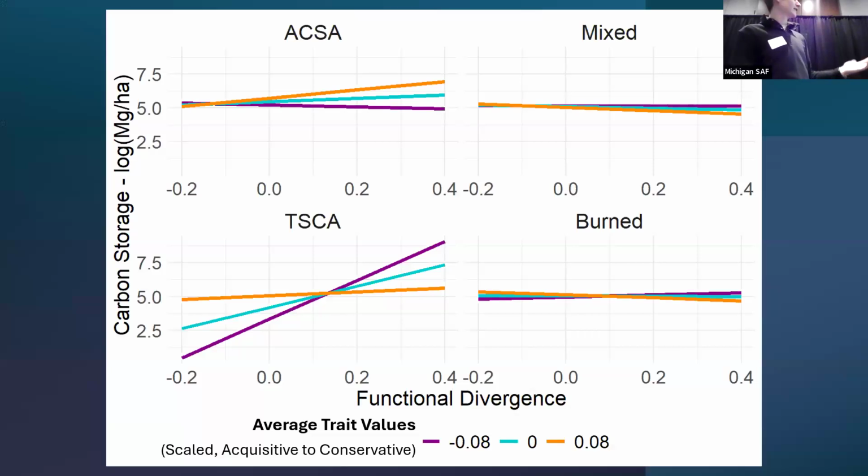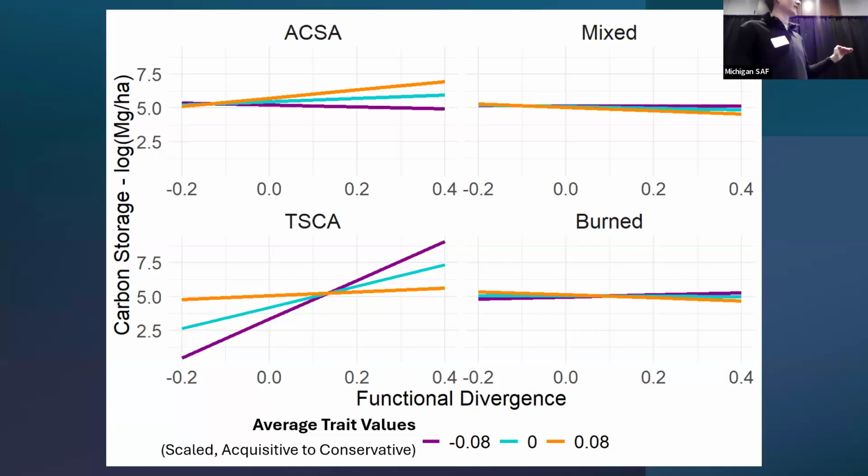This is for just functional divergence: for the most part, the sugar maple dominated, the mix and the burned had neutral or no response to functional diversity, in terms of carbon storage. Hemlock dominated stands do have a response to functional diversity, and it is dependent on the average trait values within the stand.